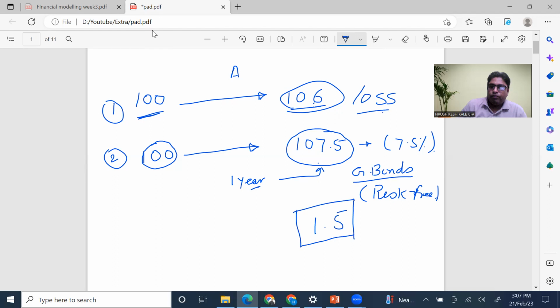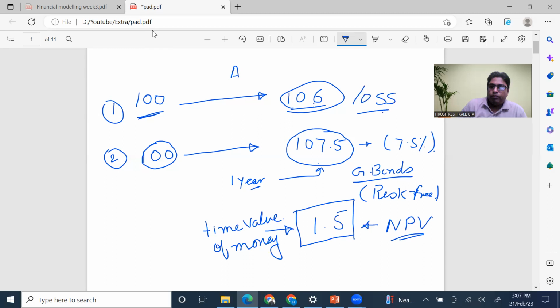Now, this profit and loss, considering time value of money, is called NPV. So what is NPV?